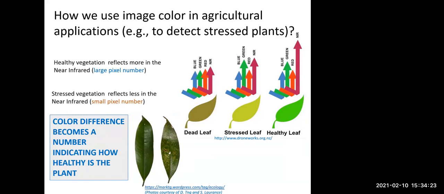Healthy plants will give us a very high difference, and unhealthy or stressed plants will give us a very small difference. So this is one way to study plants using images, and we can differentiate between healthy and non-healthy plants, or even between different types of plants.